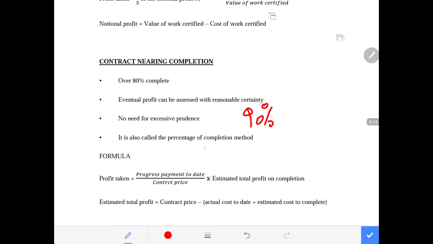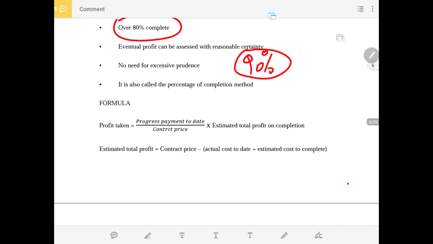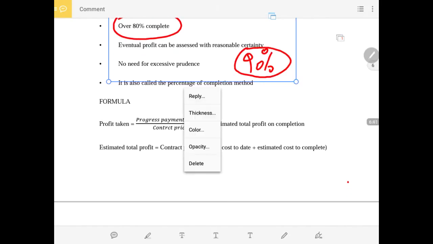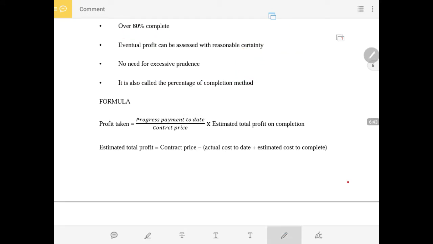Then by default, you know that this method will be used whenever the project is 90%, which is above 80%. But when it is 80% and below, down to 30%, then we know that we'll be using the work certified method, which we dealt with above. So now, what is the formula for this method of calculating the profit?